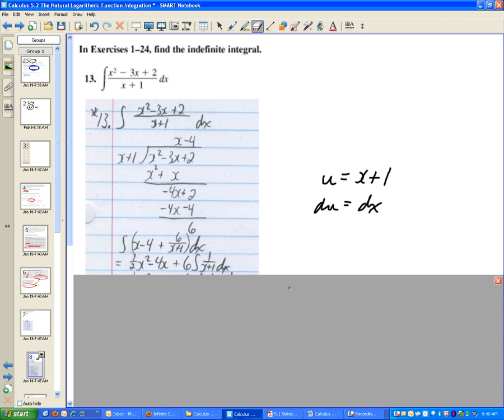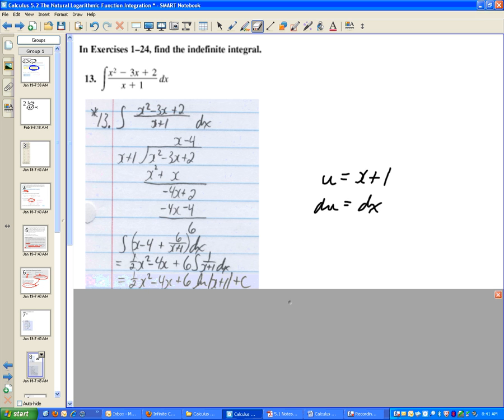Okay? Now, I'm in dangerous territory here because it's one of those things where do I need to write that down or don't I? You probably do. Okay? So when I looked at this and saw that I'd not written that down, I kind of cringed because you probably need to write that down. All right. So I've got the 1/2 x squared minus 4x plus 6.